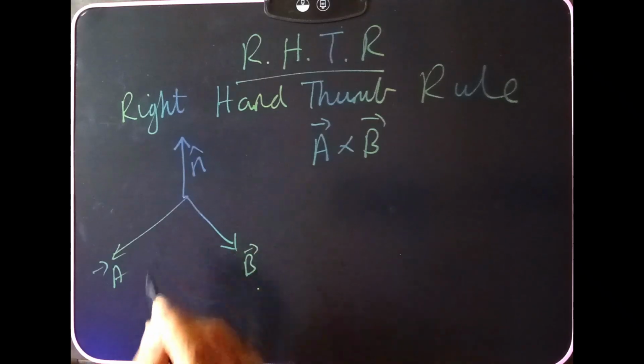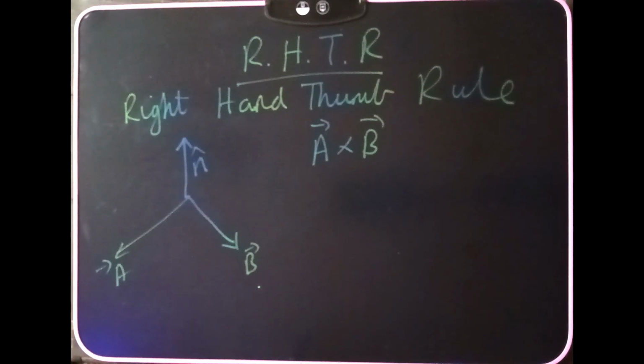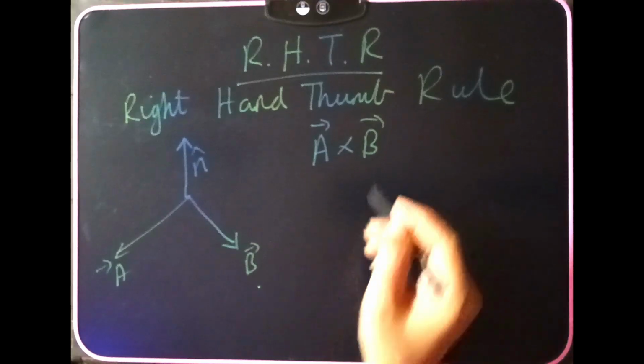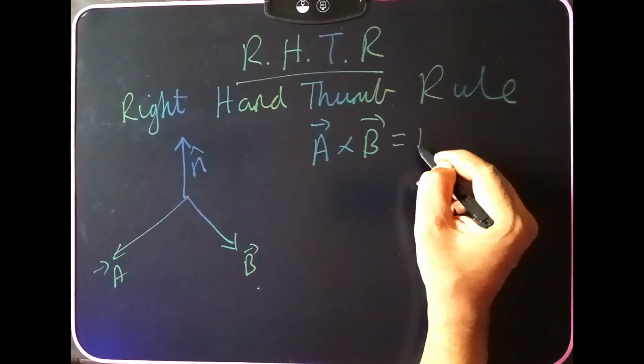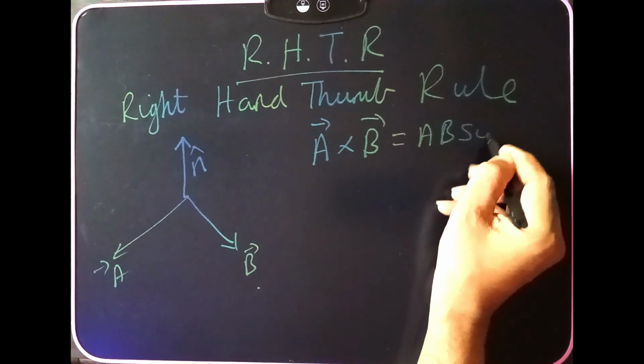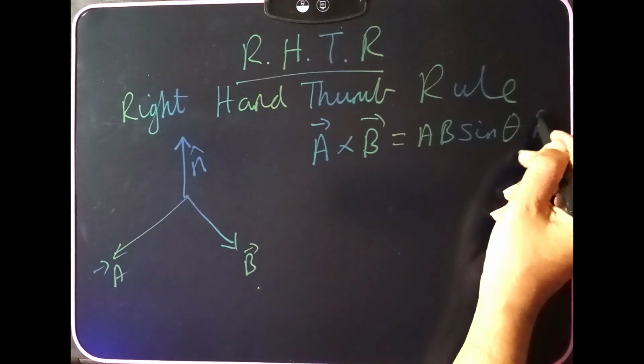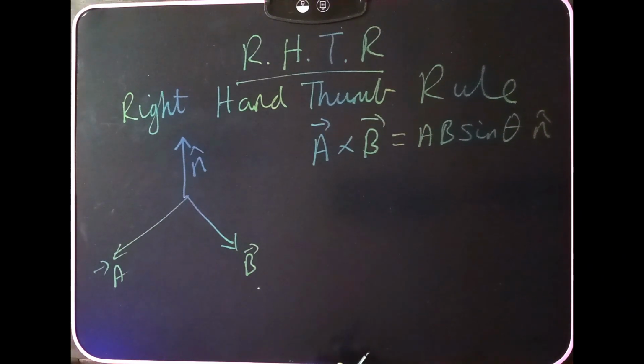So n cap, the third vector, is upward. I hope this is clear. So A cross B is equal to AB sin theta n cap.